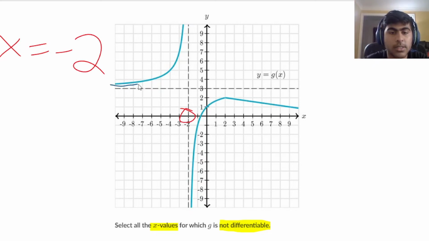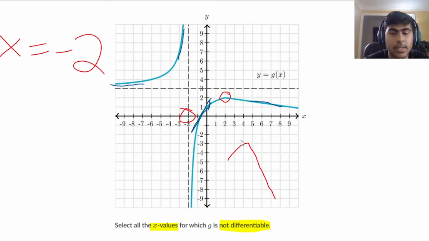Now let's look for some vertical tangents. All of these lines here have some kind of tangent line that's not vertical. So we're not going to have any vertical tangents here that disqualify one of these points from being differentiable. Now what we do have are sharp turns. The sharp turn, I know it's kind of hard to see, but it's right here, x equals 2, where we're going up like this, and then suddenly pivot downwards.